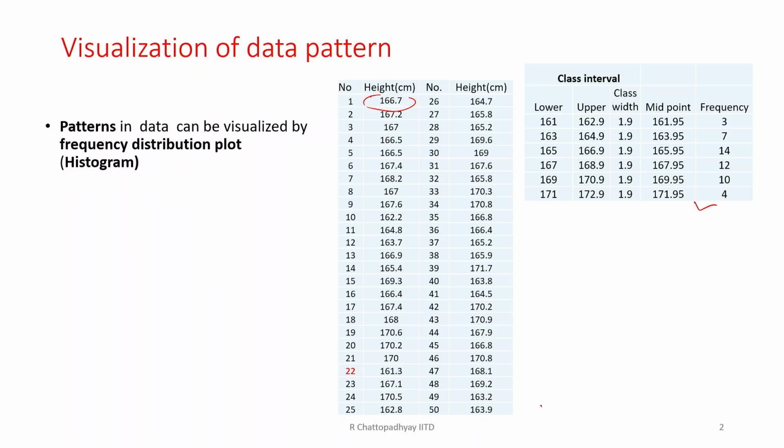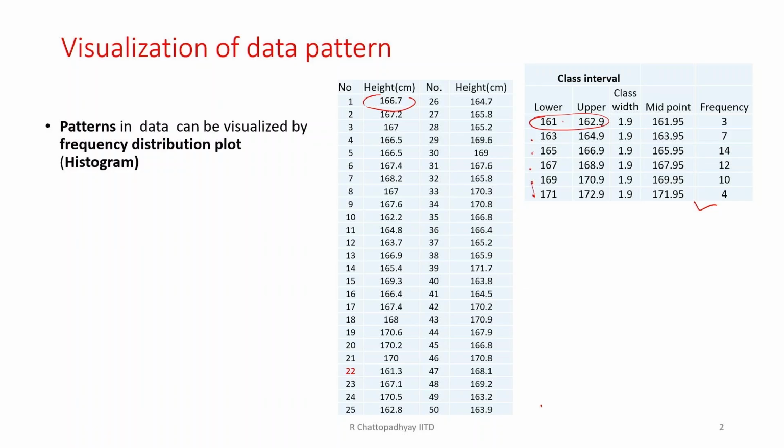What we have done, we have made groups. So we have made how many groups? 1, 2, 3, 4, 5, 6. The entire data set has been grouped into 6 groups, and each group has a lower value and an upper value.